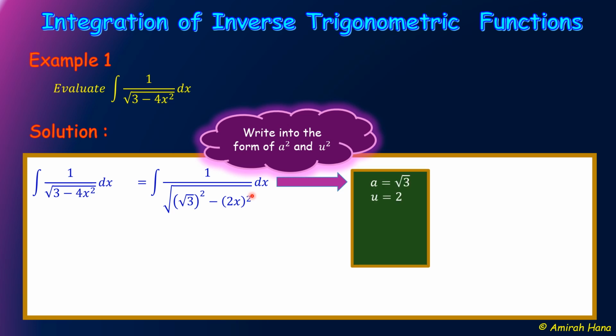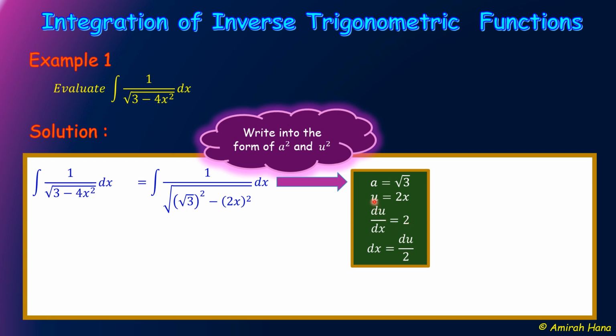After that, we list down a and u, and then we need to find du over dx. Our a equals the constant, which is root 3, and u equals the function in variable x, which is 2x. Then we differentiate u with respect to x, so we get du over dx, and when we differentiate 2x the answer equals 2.